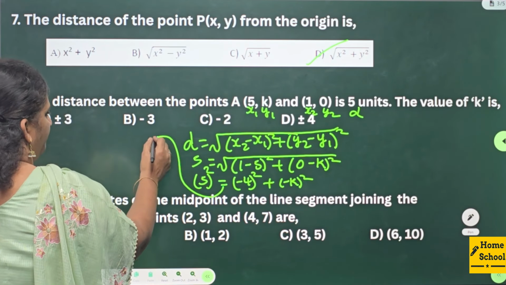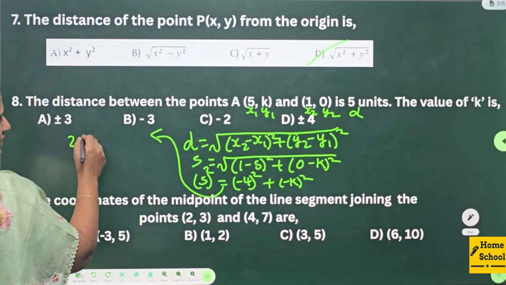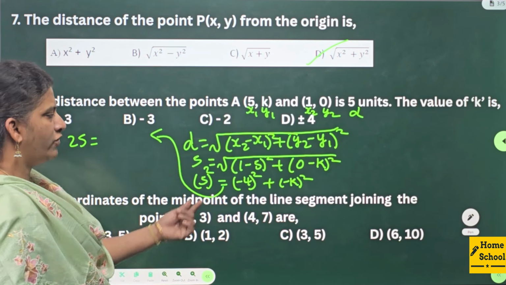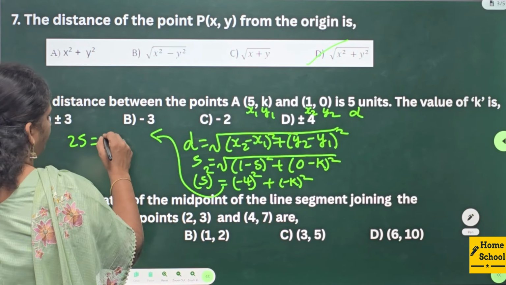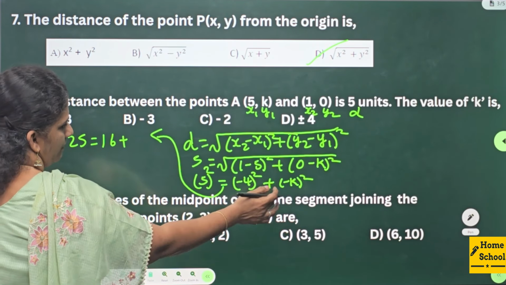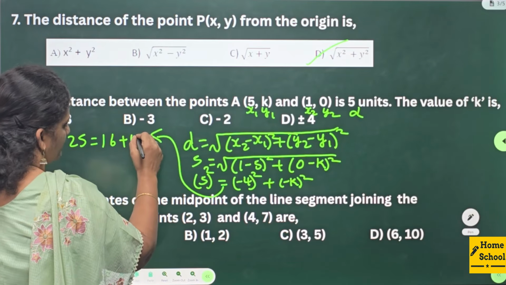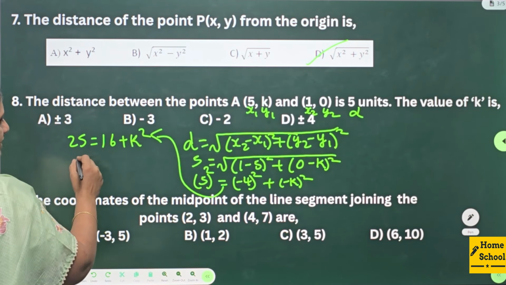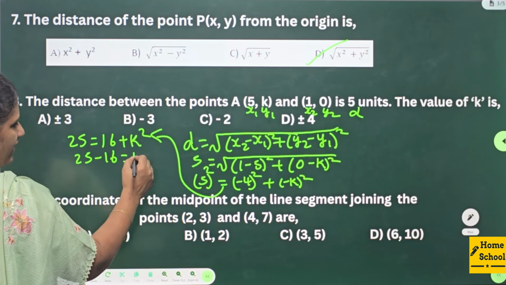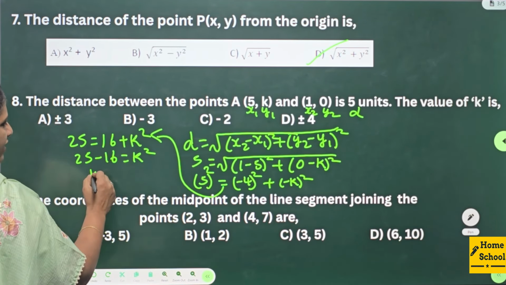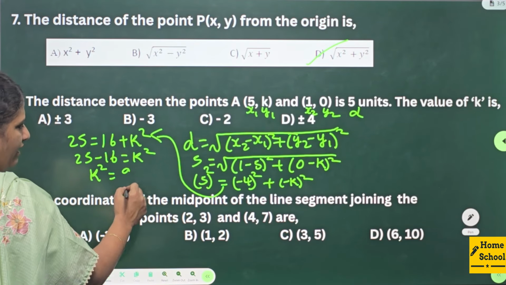Now 5 whole square is 25. Minus 4 whole square: minus into minus is plus, 4 fours are 16, plus minus into minus plus k square. The 16, bring this side: 25 minus 16 equal to k square. 25 minus 16 will be 9.